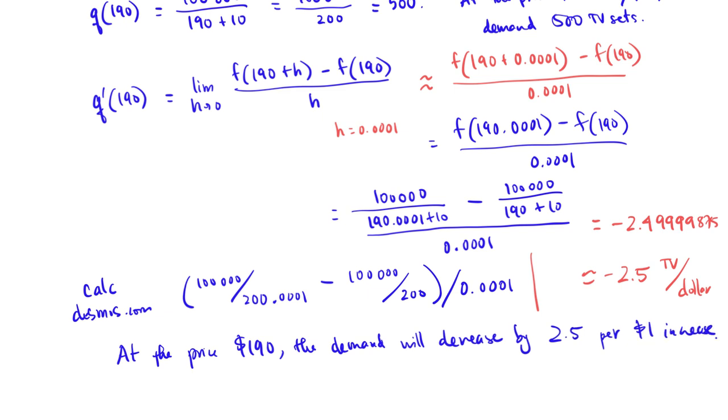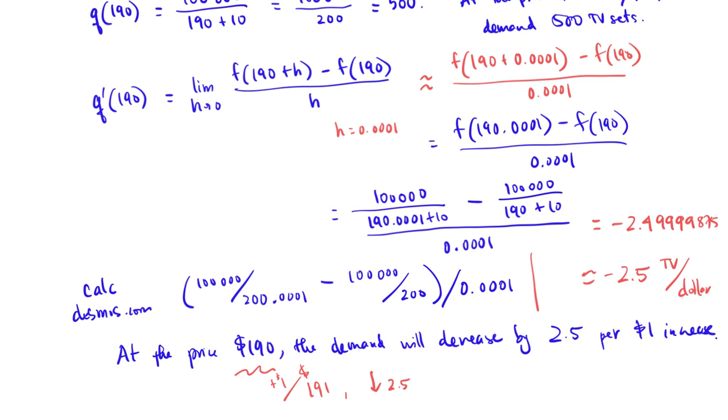Meaning, at this current price, if we were to increase it by $1, so instead of selling it for $190 we sell it for $191, then consumers will demand 2.5 units less than they would normally with the old price. So this is down 2.5 units per dollar.